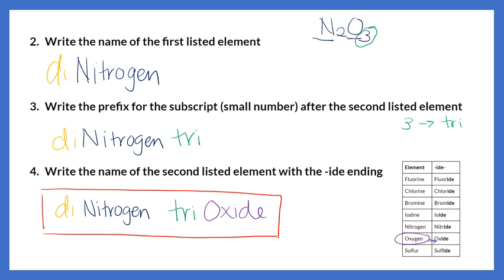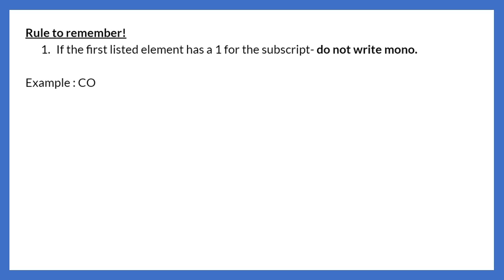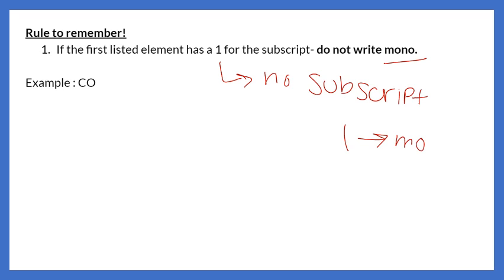All right, nice. So there are rules that you need to remember when naming covalent compounds. If the first listed element has 1, or honestly, if it has no subscript, then you do not write mono, because for 1, the prefix is mono, okay? So for example, CO, instead of monocarbon, it would just be carbon.